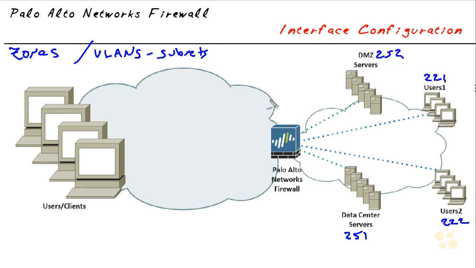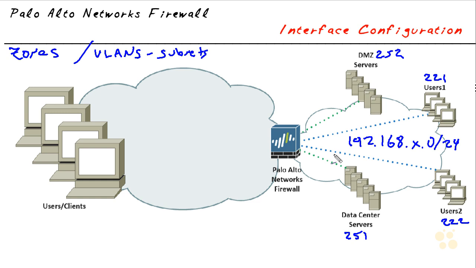Now, from an IP addressing standpoint, I want to use 192.168.x.0/24, where x is going to be my VLAN number. So we will keep things simple that way as far as what my addressing scheme is going to be. And I'll go ahead and let my firewall be the default gateway, so what we're going to tell my users about and everything else like that. So this can be a layer 3 setup for it.